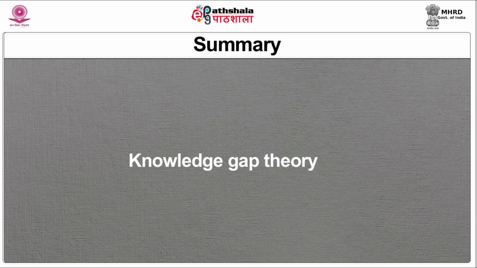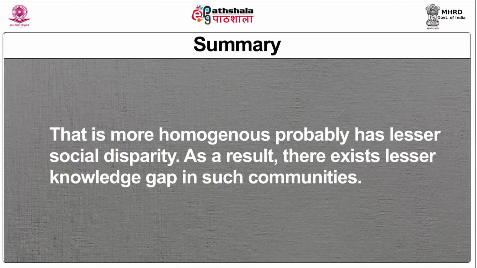Knowledge gap theory explains the knowledge gap that exists between people from higher socio-economic status and those from lower socio-economic status, and a community that is more homogeneous probably has lesser social disparity. As a result, there exists lesser knowledge gap in such communities.